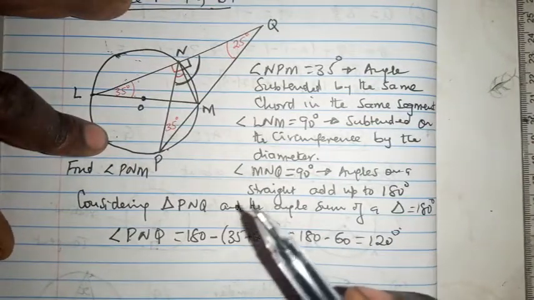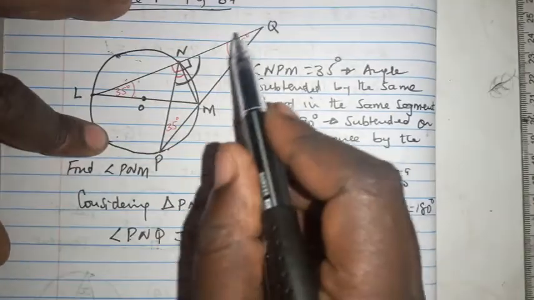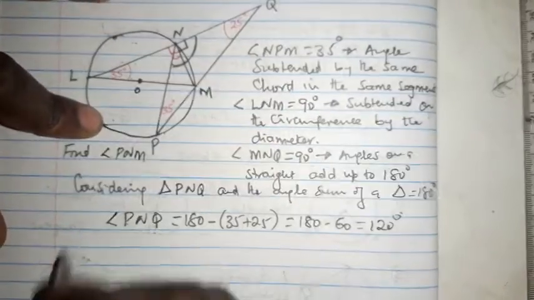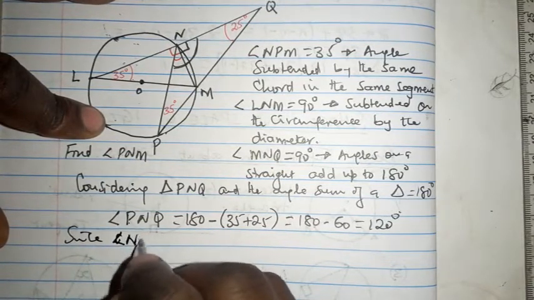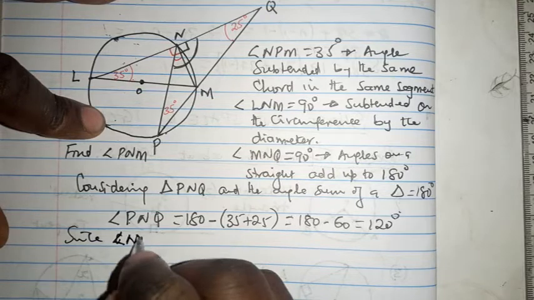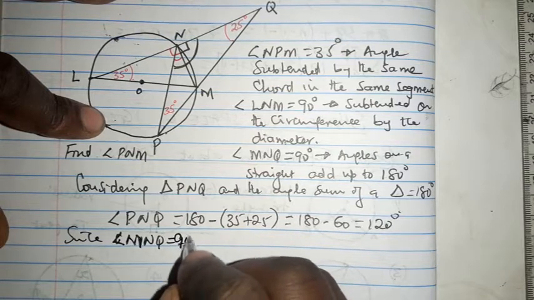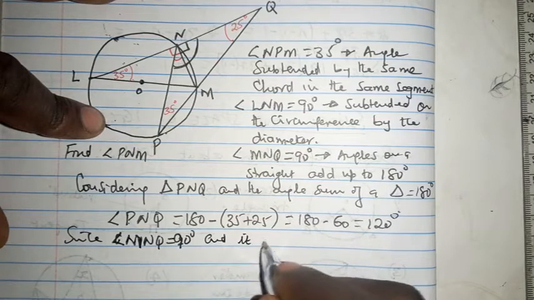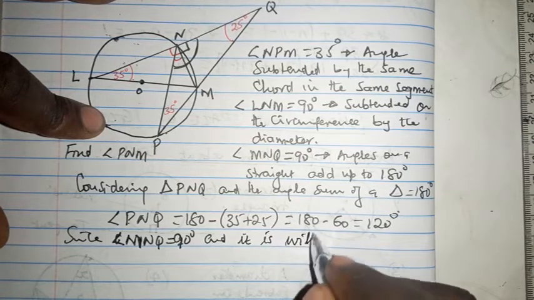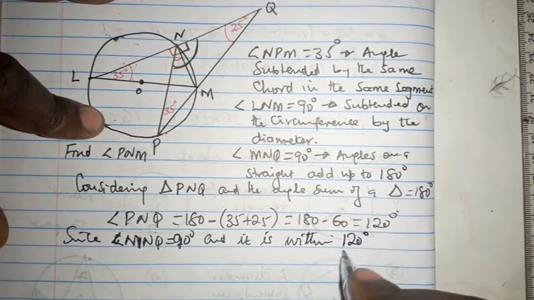But within 120, there is a 90, which is MNQ. Since angle MNQ is equal to 90 degrees, we have had it here, and it is within 120 degrees.